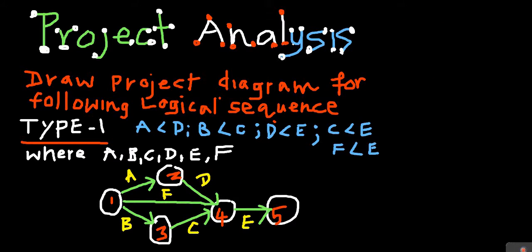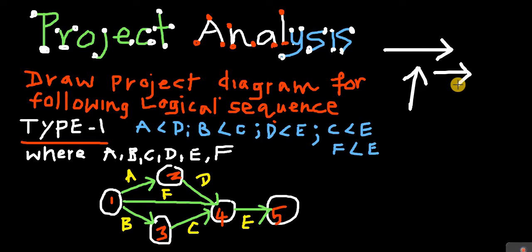You must understand that in project analysis, the main things are the activities and events. You must know that activities are represented by an arrow like this or like this. Another one is the event.